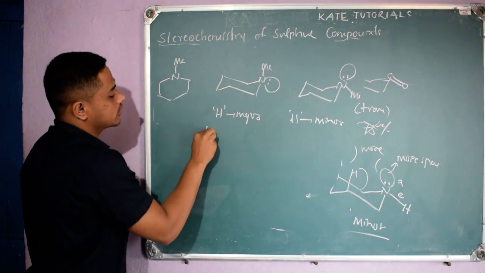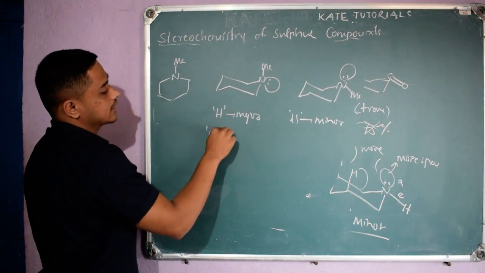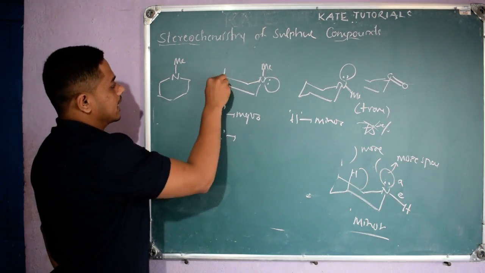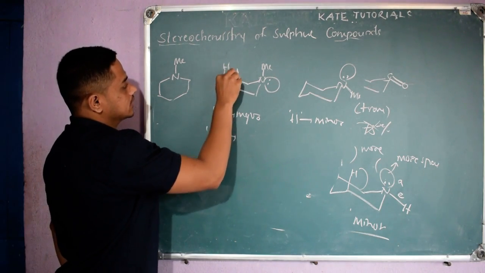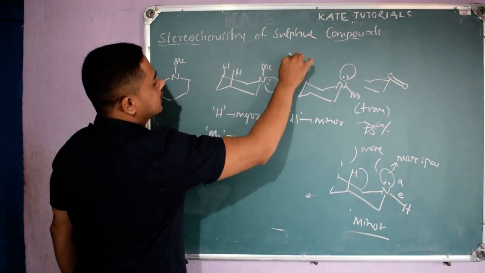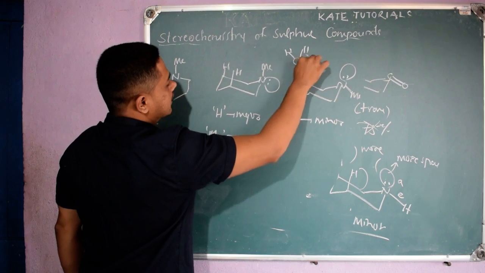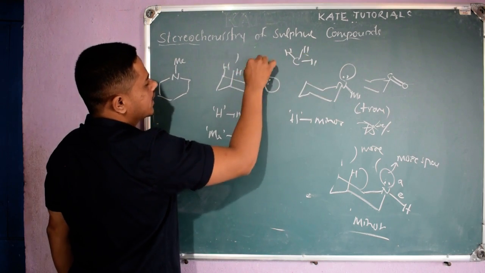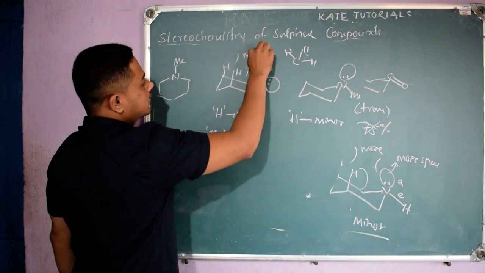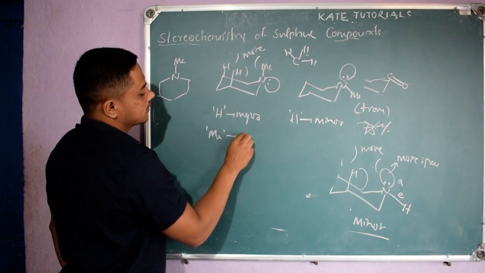Now let us talk about this molecule, the whole molecule. That is, when in axial position we have methyl. Here hydrogen is there, here hydrogen is there. This methyl is a very bulky group. Methyl means what? CH, H, H. So here repulsion will be very high. Because of more repulsion, this will be minor.